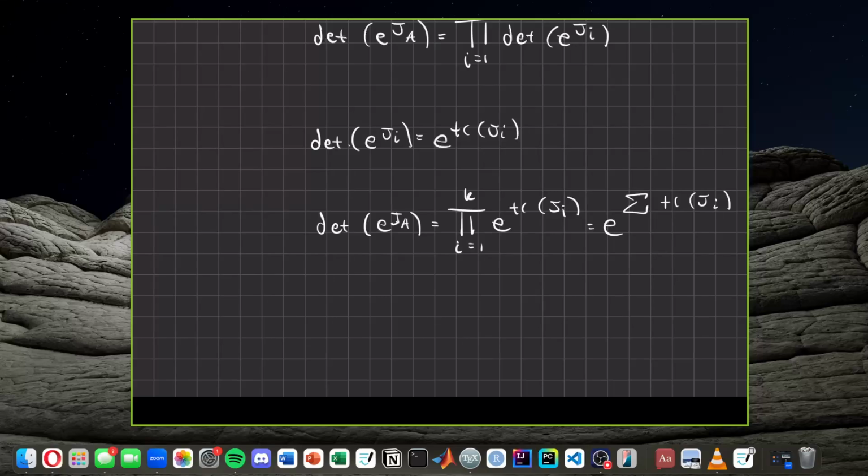Why is this the case? Well, we just showed why this is the case. We showed earlier that we have essentially just this.